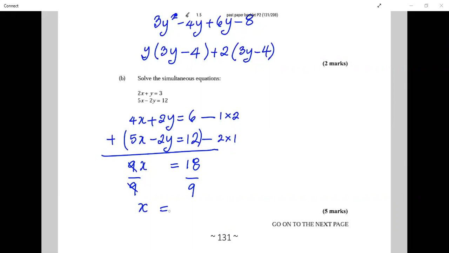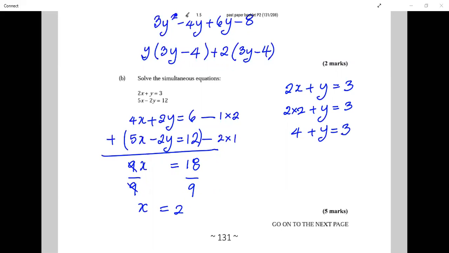That gives me x is equal to 2. Then I'm going to substitute this value of x into any of the two original equations. I'm going to use equation 1, which says 2x plus y is equal to 3. But x is 2, so this is 2 times 2 plus y is equal to 3. 4 plus y is equal to 3.